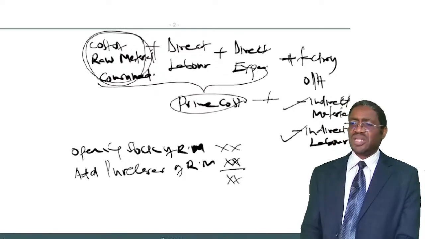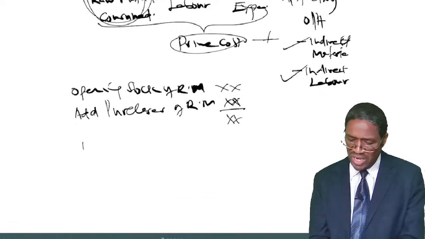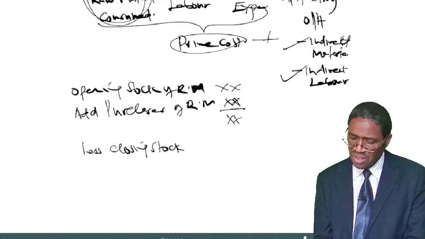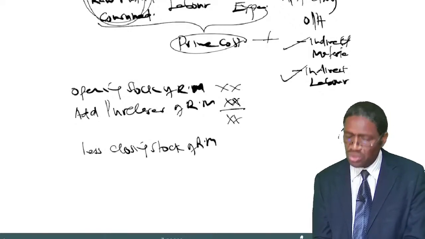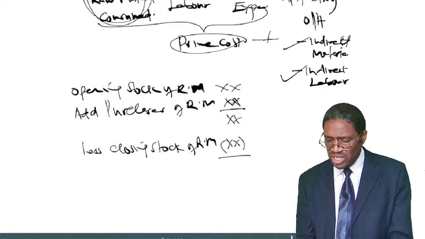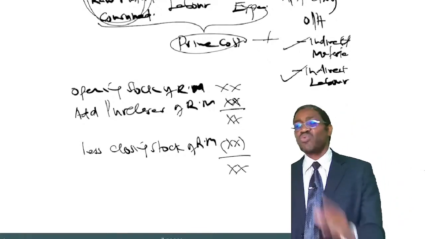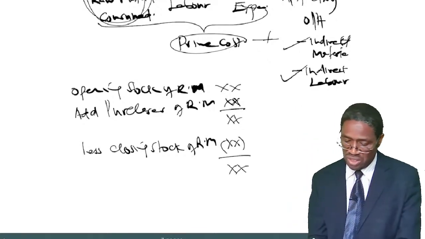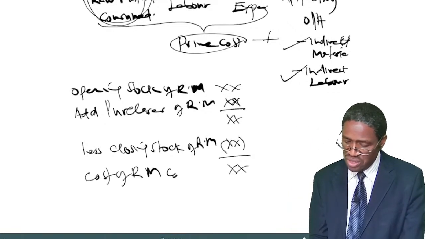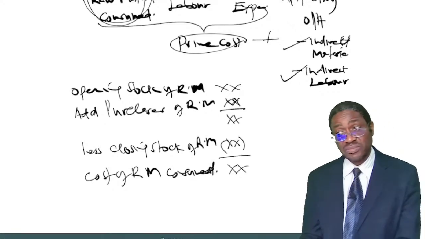By the end of the year, not all of them were used, so you less closing stock of raw materials, those which were not consumed. That will leave you with the cost of the raw materials that were consumed. Good. This is what we call cost of raw materials consumed.